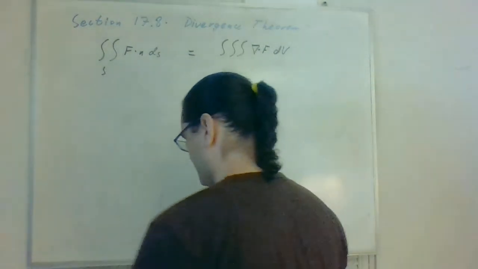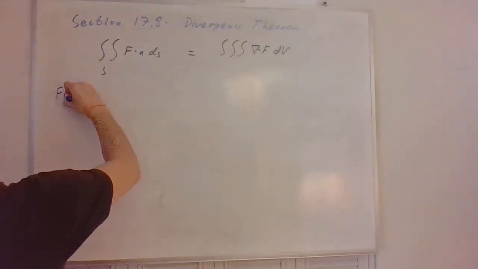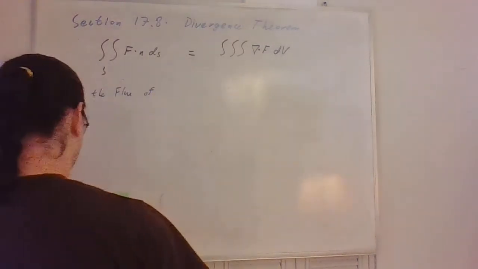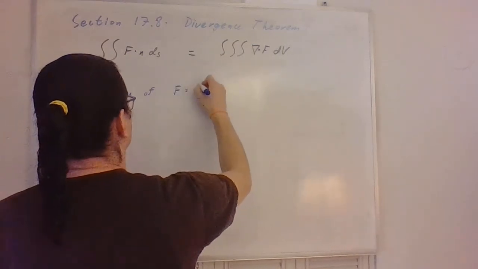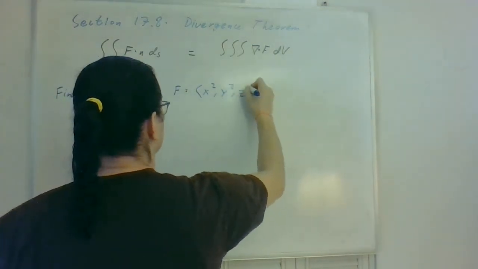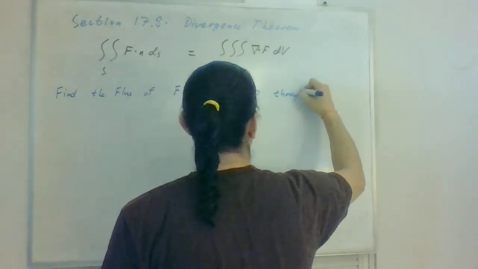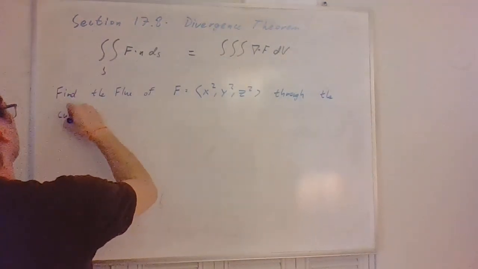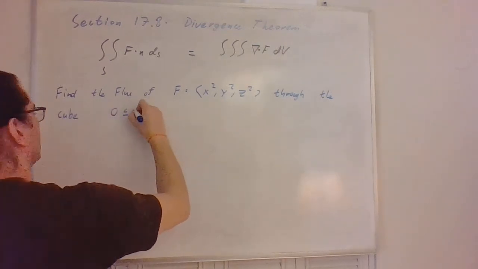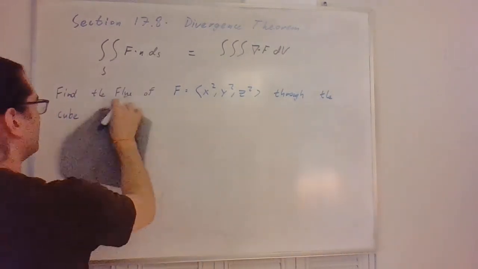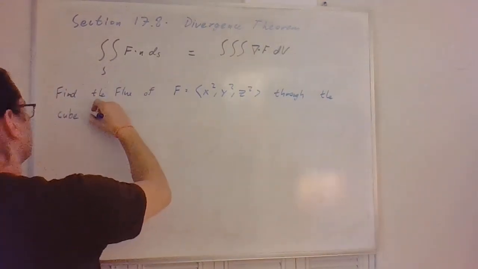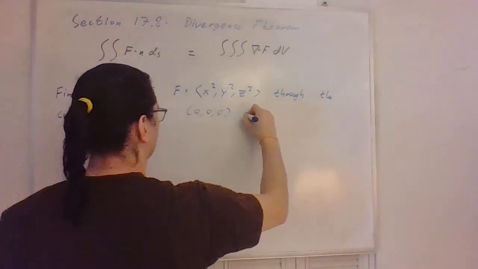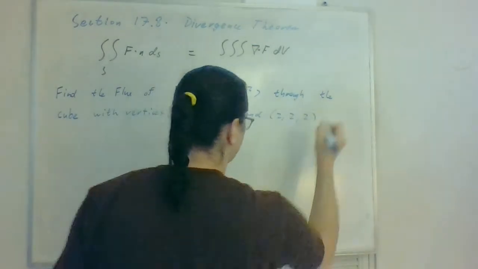I want the divergence. No, I want the flux. Find the flux of F, which is x squared, y squared, z squared, through the cube with vertices 0, 0, 0 and 2, 2, 2.